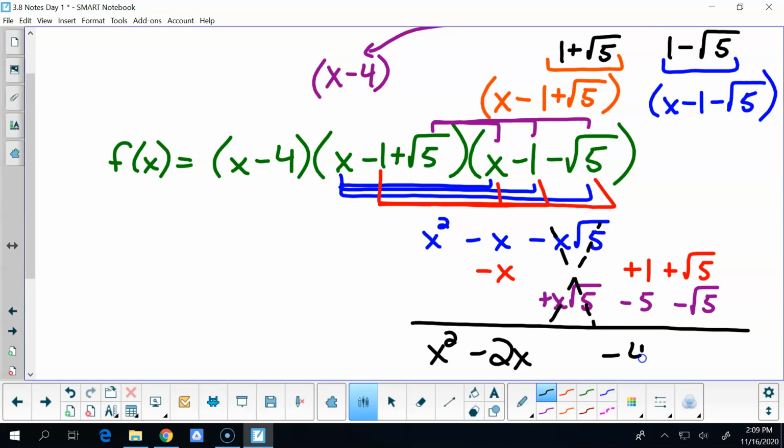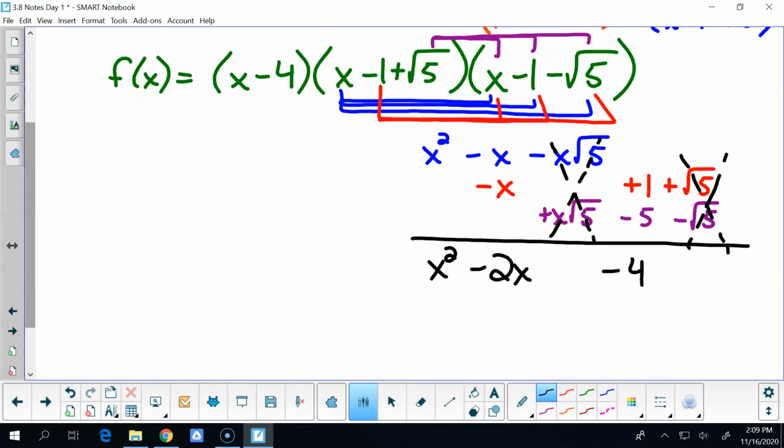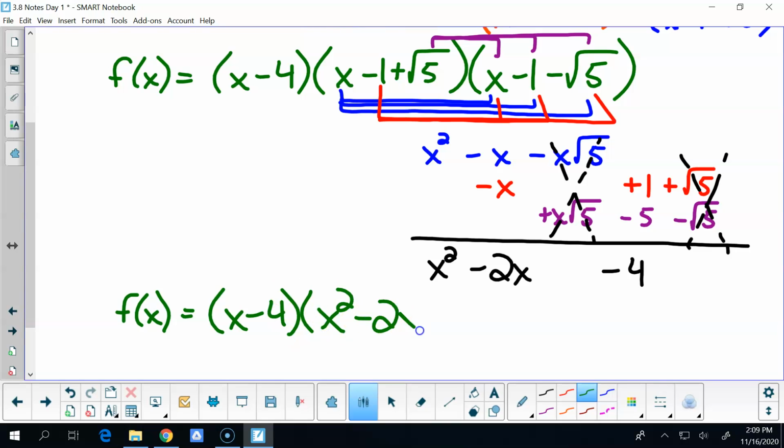Then minus 4, and plus square root of 5 minus square root of 5 goes away. So now I can make this look prettier. f of x is x minus 4 times x squared minus 2x minus 4.